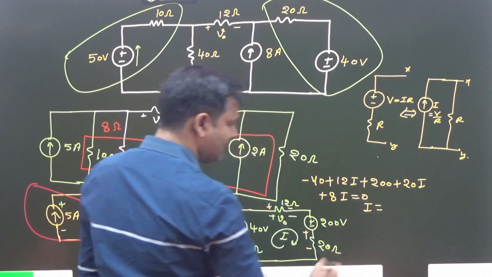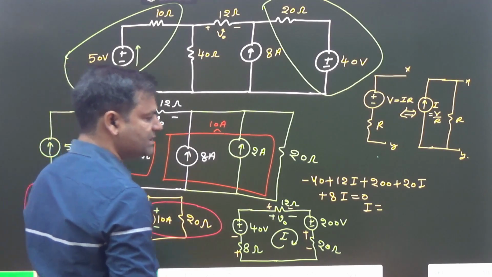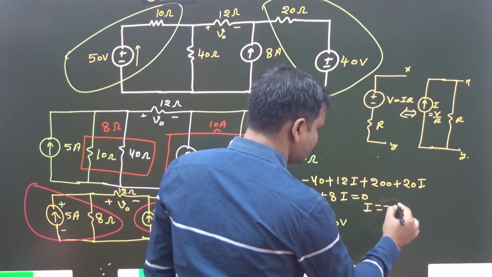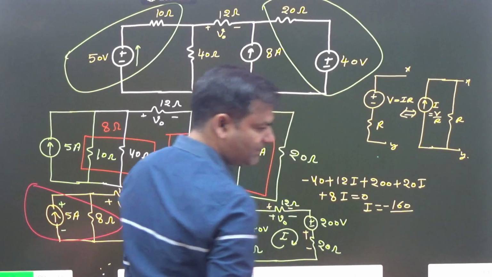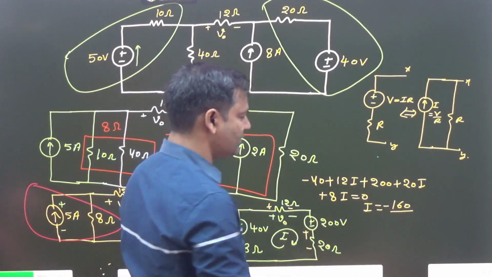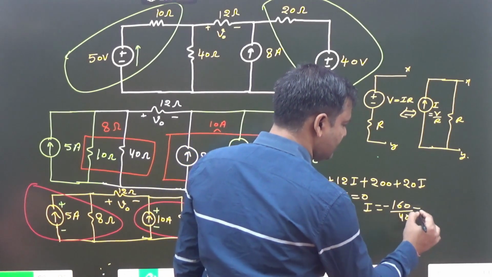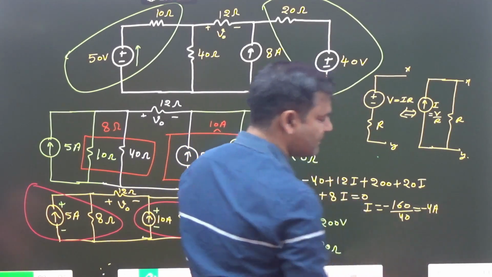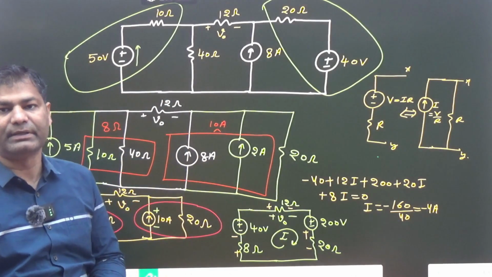So what about I? I is equal to minus 160 divided by how much? 20 plus 20 is 40. So that is 4 ampere, minus 4 ampere. Clear? That is minus 4 ampere.